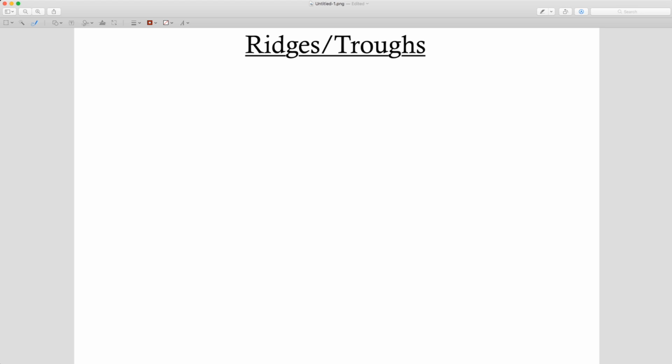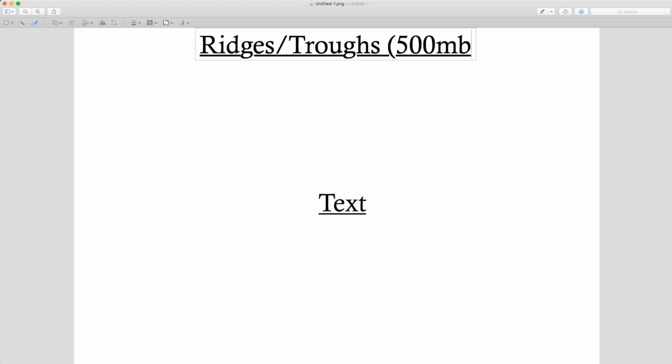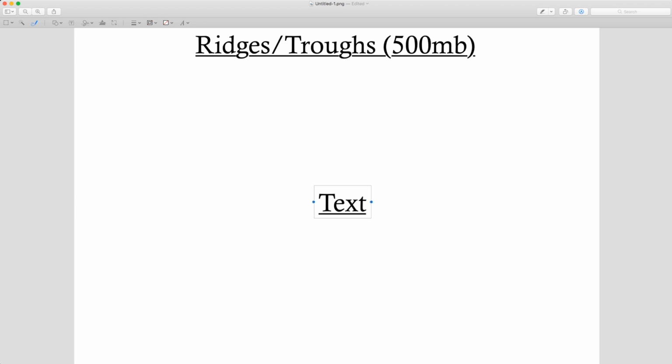The more you look at 500 millibar charts, the more you'll recognize these patterns are very common. Pull a few 500 millibar maps and look at examples. But for now, I'm just going to draw them.